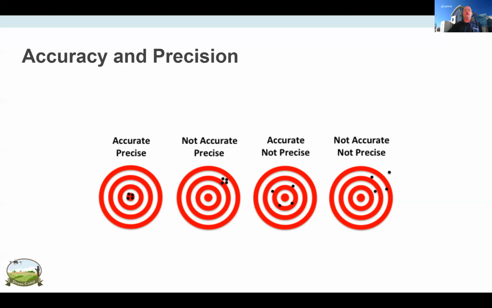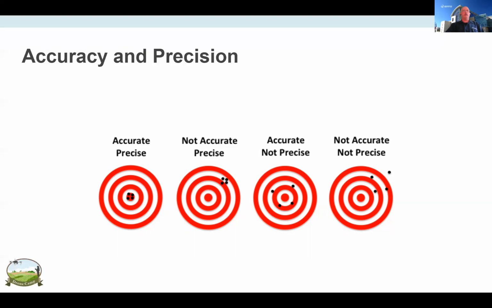If we're accurate but not precise, that means our measurements are all over the place, not consistent, but they're all around the right value. They all surround the right value.